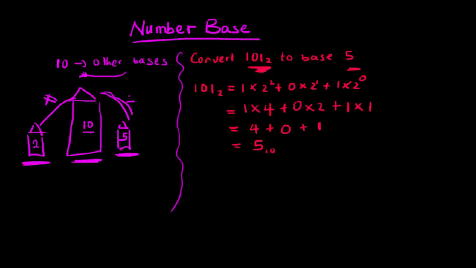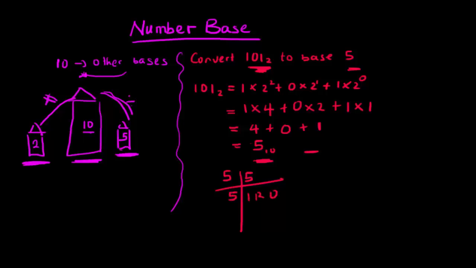But I was told to convert to base 5. Now if I'm converting from the natural base to another base, it's like a demotion, so I divide. I'm told to convert to base 5, so I divide by 5. 5 divided by 5 is 1, remainder 0.